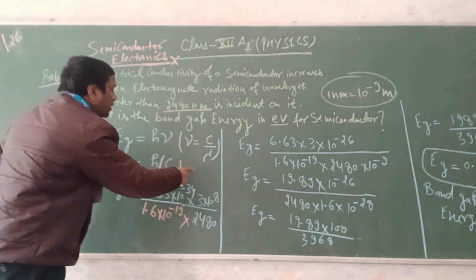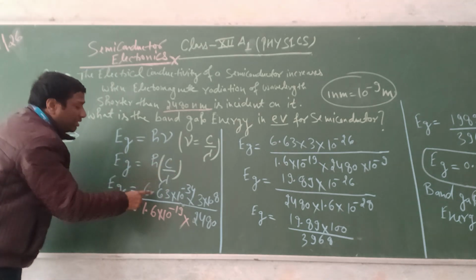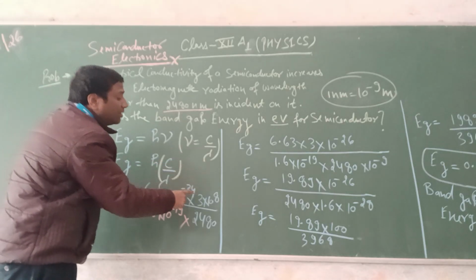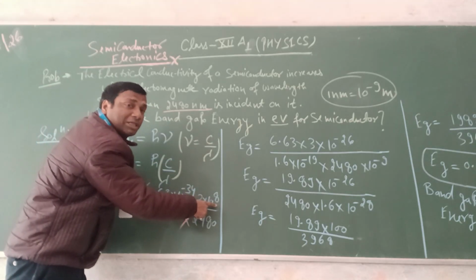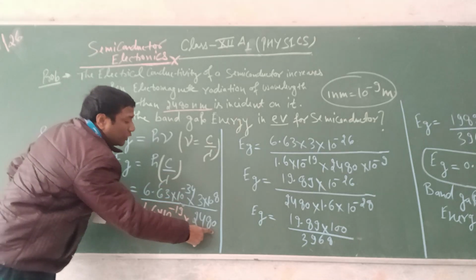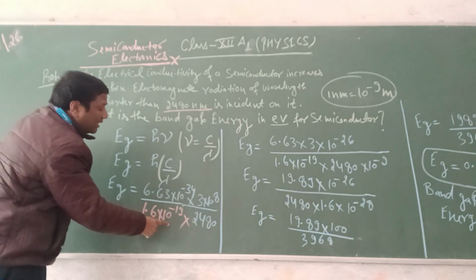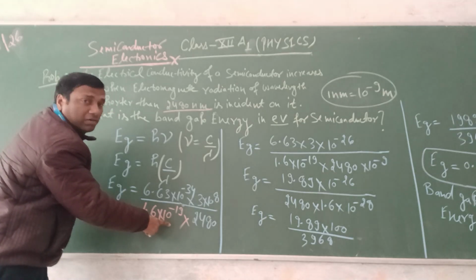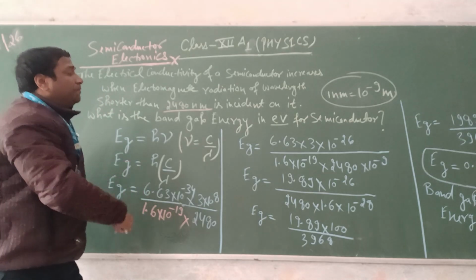Now substitute all these values. Planck constant 6.63 into 10 to the power minus 34 joule second, velocity of light 3 into 10 to the power 8 meter per second, wavelength 2480 nanometer, and this is divided by 1.6 into 10 to the power minus 19, because we have to convert it into electron volt.